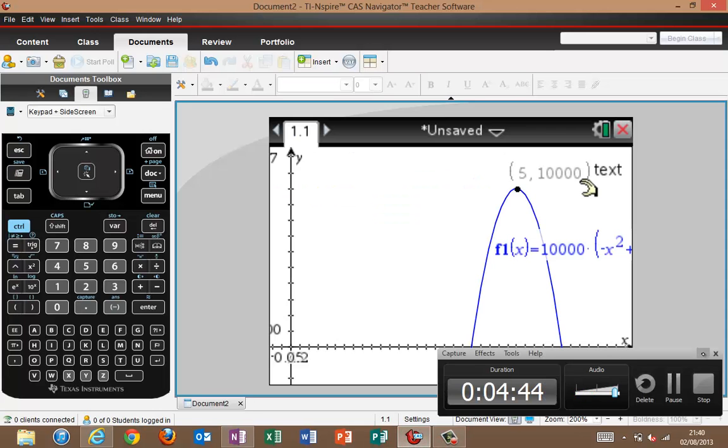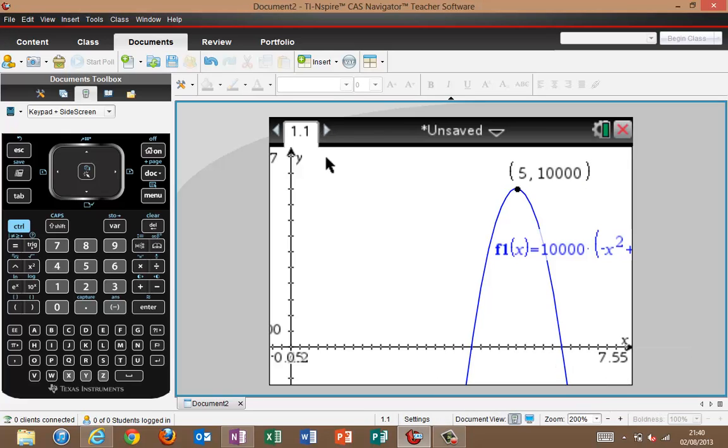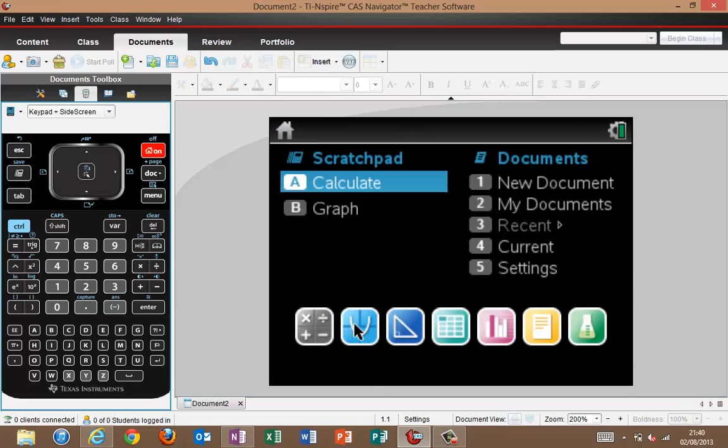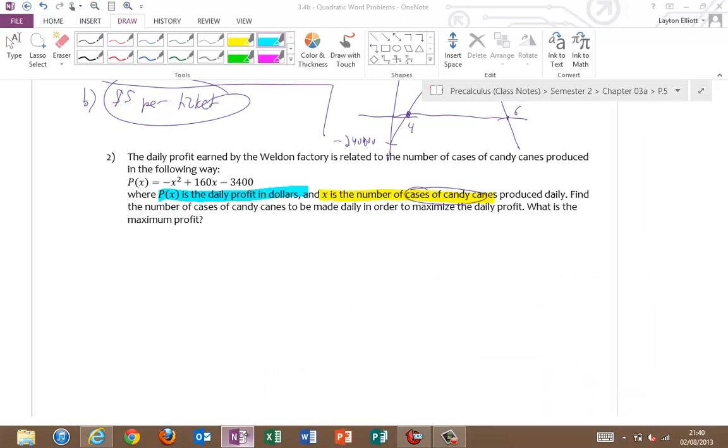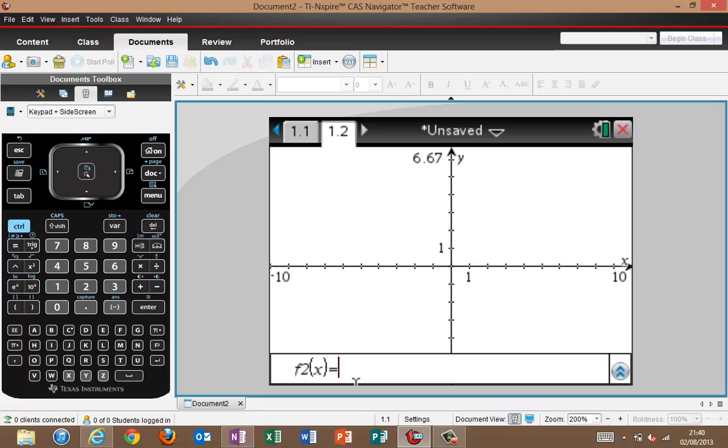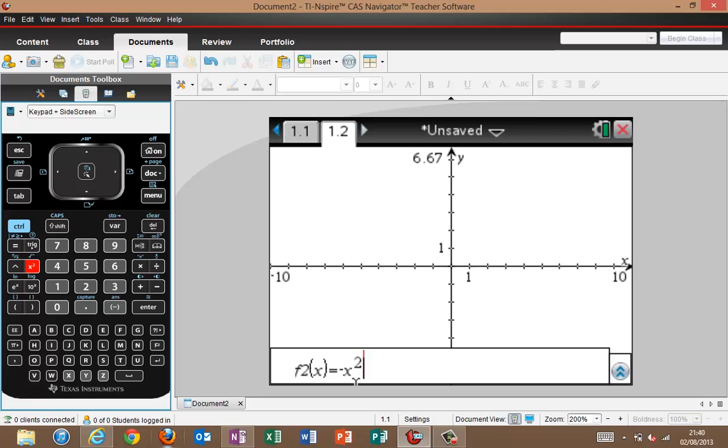So I'm going to go calculator. Let's minimize that. Let's put a calculator document in here. Let's put a graph in. And I want to do negative x squared plus 160x, and you can use this time to get your calculator out and plug it in yourself, minus 3400.